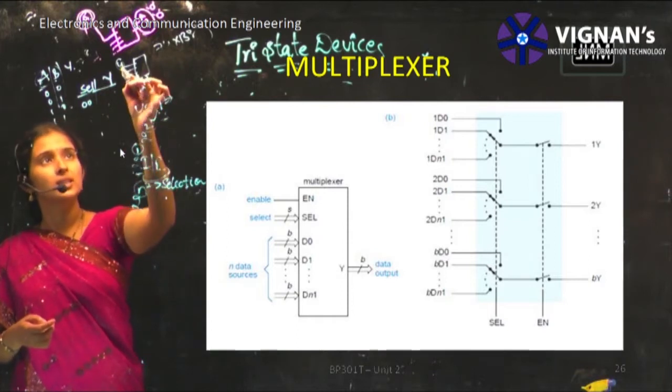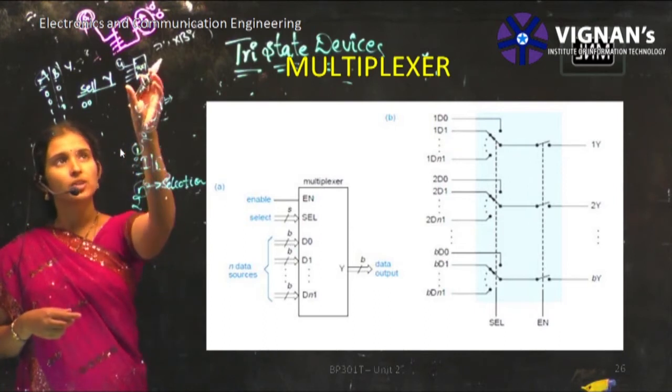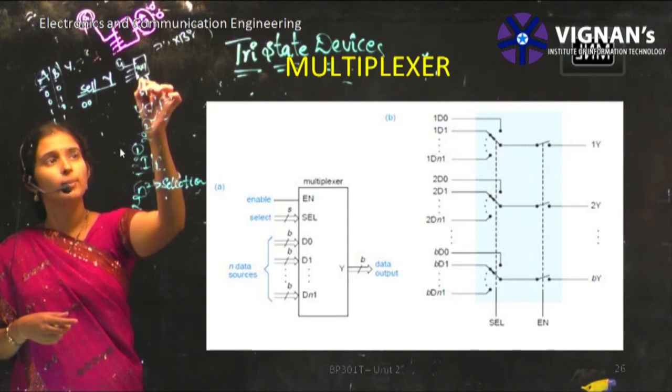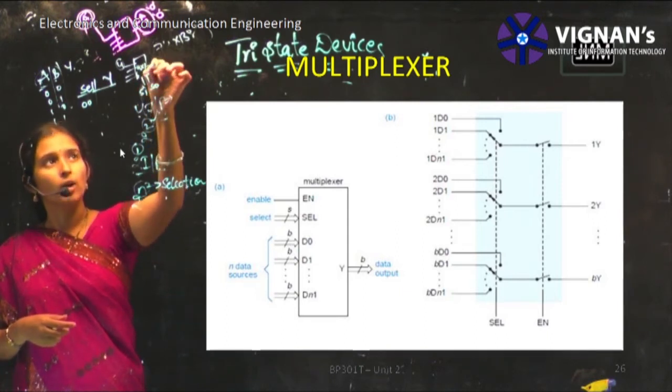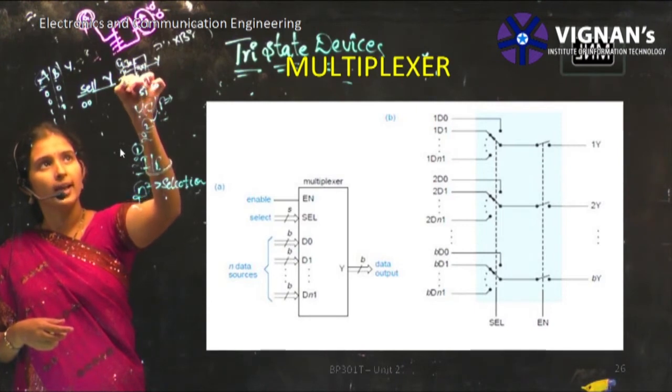Consider here a 4 by 1 mux. If the selection line inputs are S0 and S1, there will be 2 selection lines and 1 output line, and 4 inputs: I0, I1, I2 and I3.